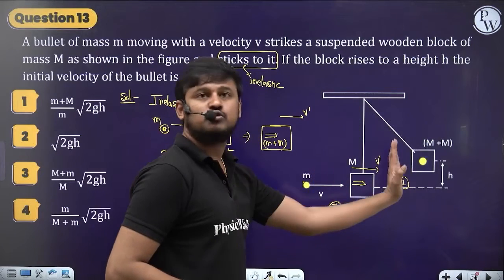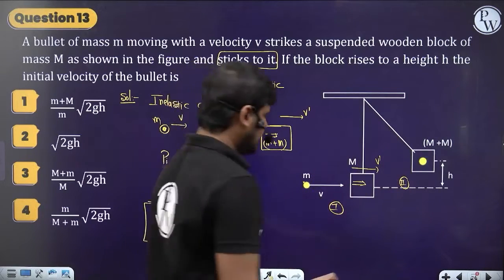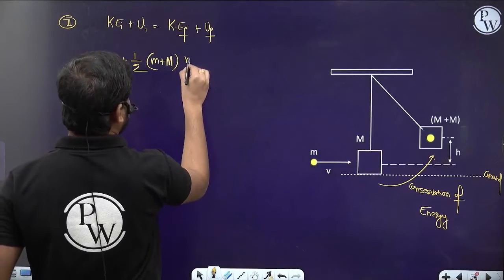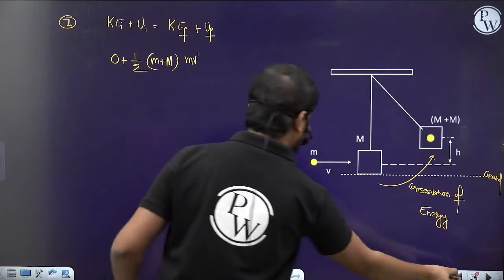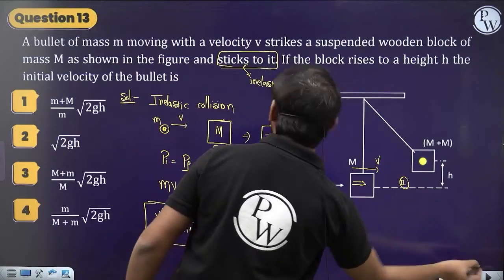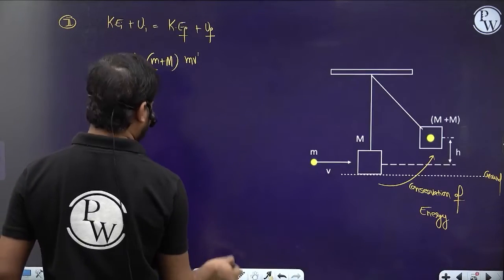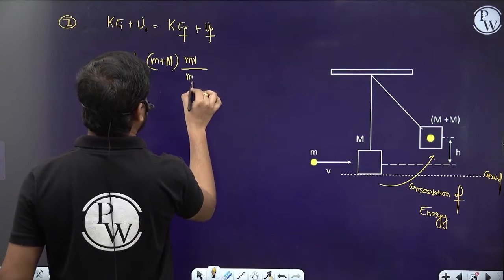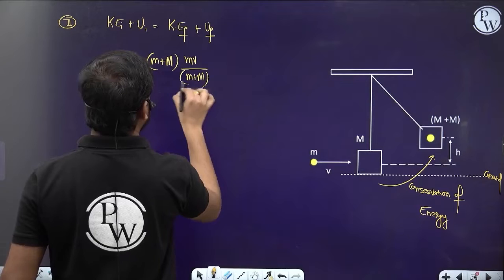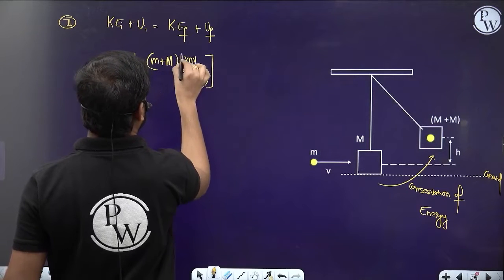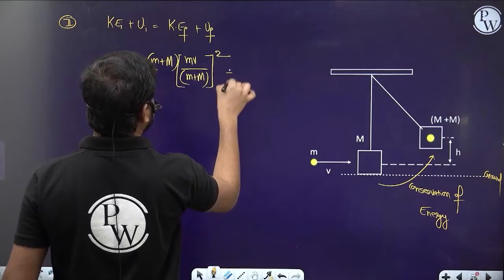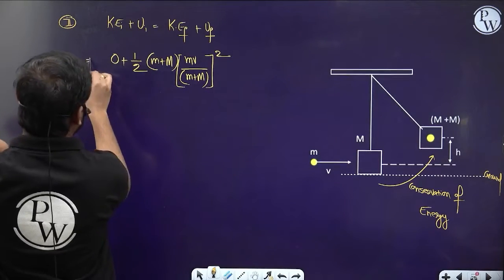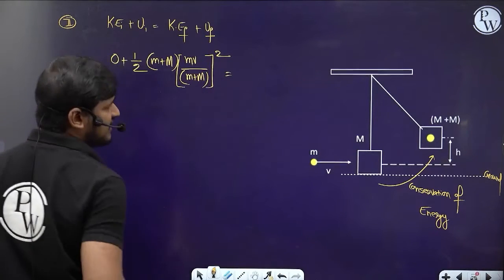So they both move together after the collision, right? So what's the combined velocity, which we got as mv by m plus M, not v dash, mv by m plus M, right? So whole square, plus, so this is the initial kinetic energy plus initial potential energy is equal to the final kinetic energy.